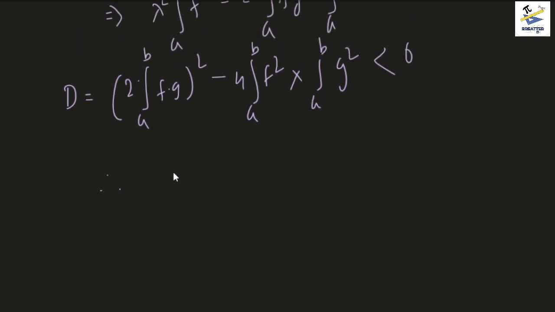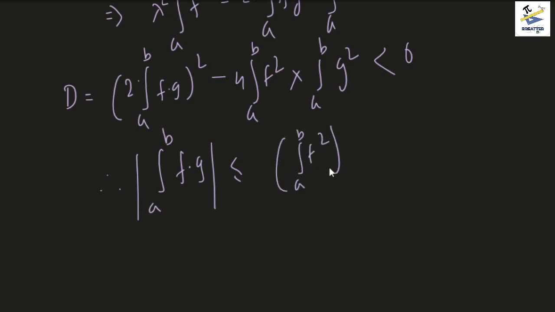Therefore taking the positive square root, we find the mod of the integral of f dot g should be less than equals to the integral of f square to the power 1 by 2 into the integral of g square to the power 1 by 2.